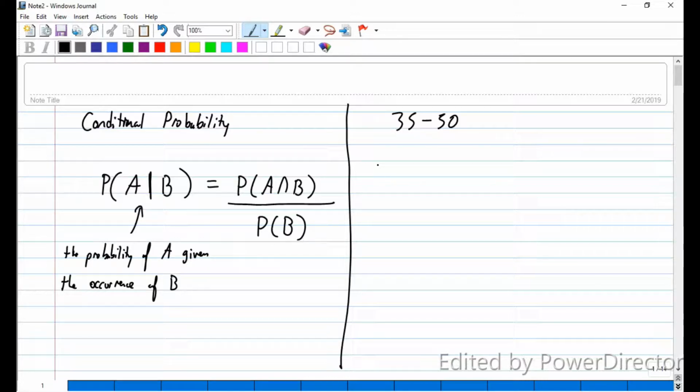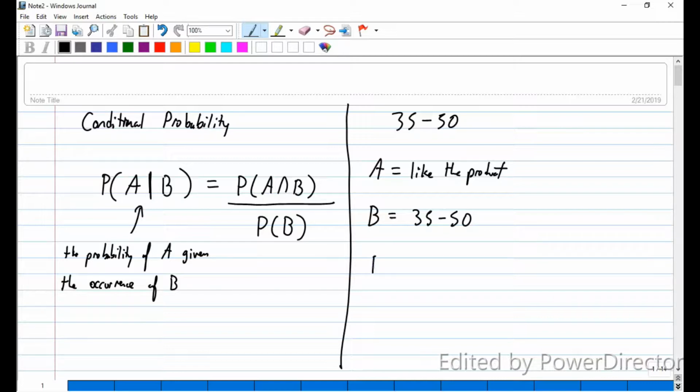Okay, so let's let A be you like the product. And the given part, what was given, let's let that be B. It said if an individual is between 35 and 50. So that's given.